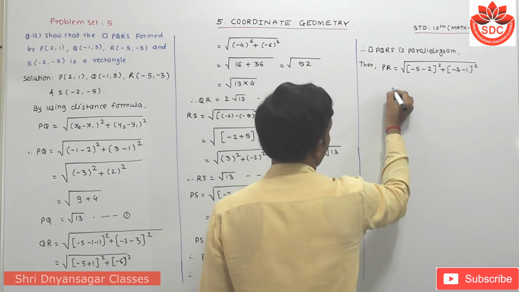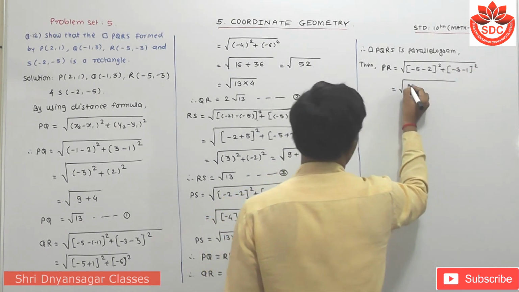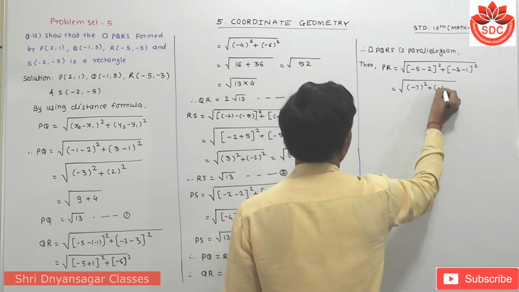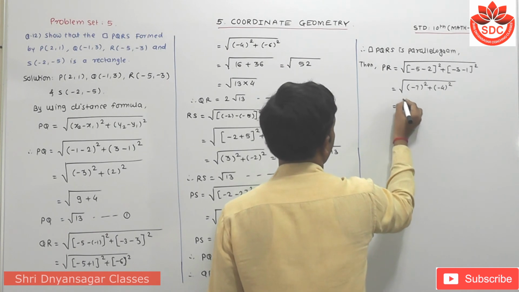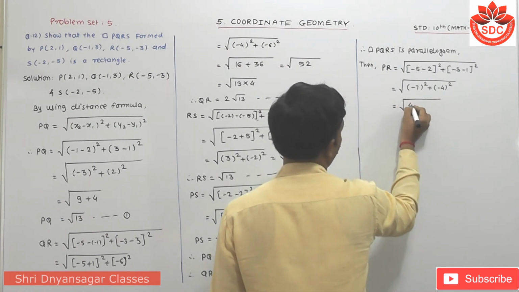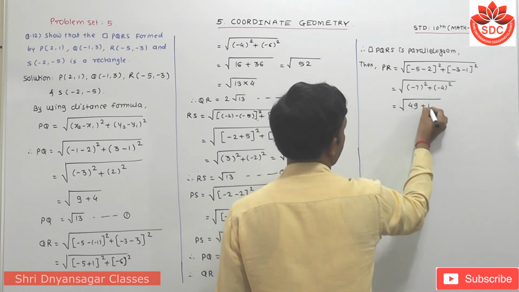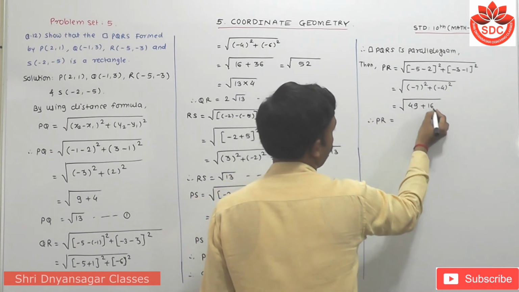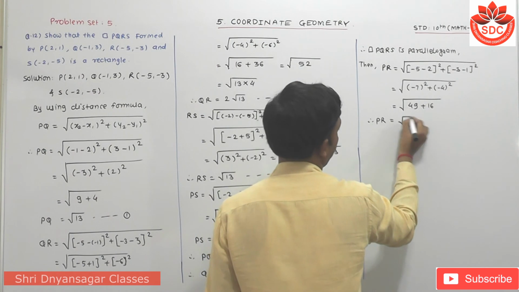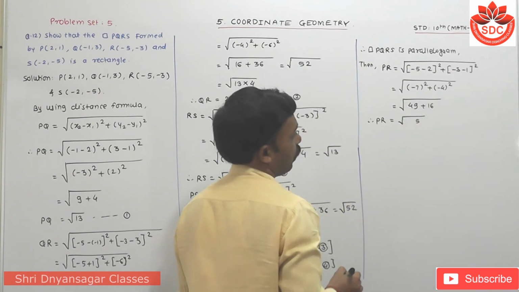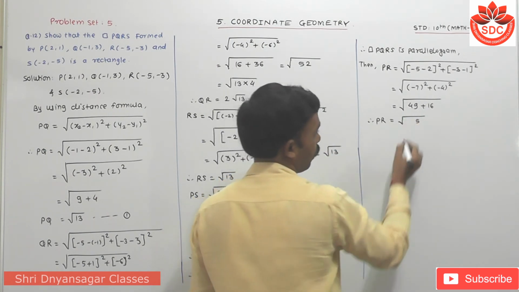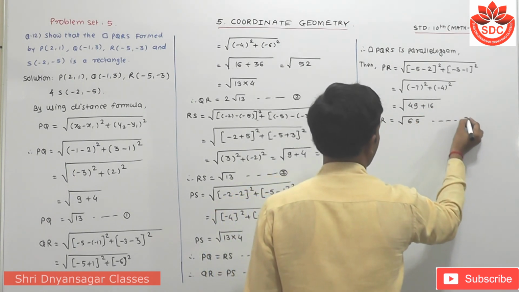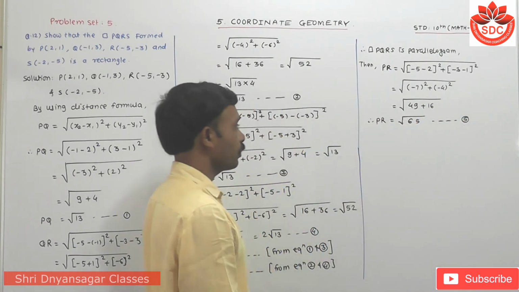Student, look carefully. This is minus 7 bracket square plus minus 4 bracket square. Minus 7 square is 49 plus 16. Therefore PR is equal to root of 65. Suppose this is equation number 5.